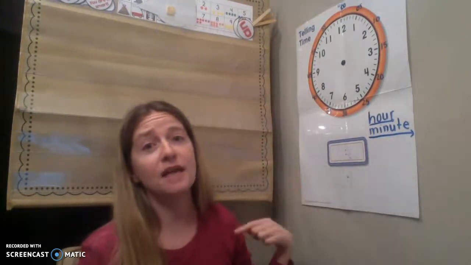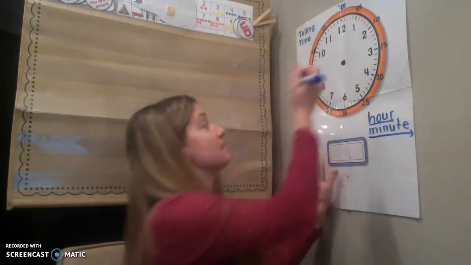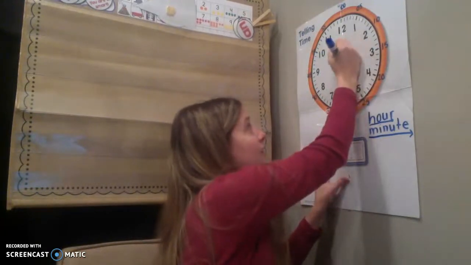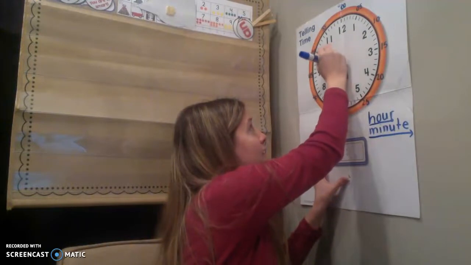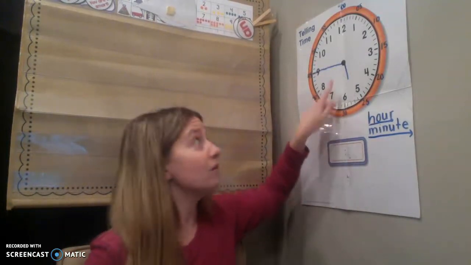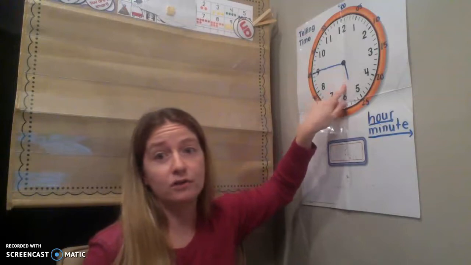So I'm going to write a time on the clock, and we're going to see if we can figure out what time it is. All right, so there's my time on the clock. When we're telling time, we want to look at the hour first.